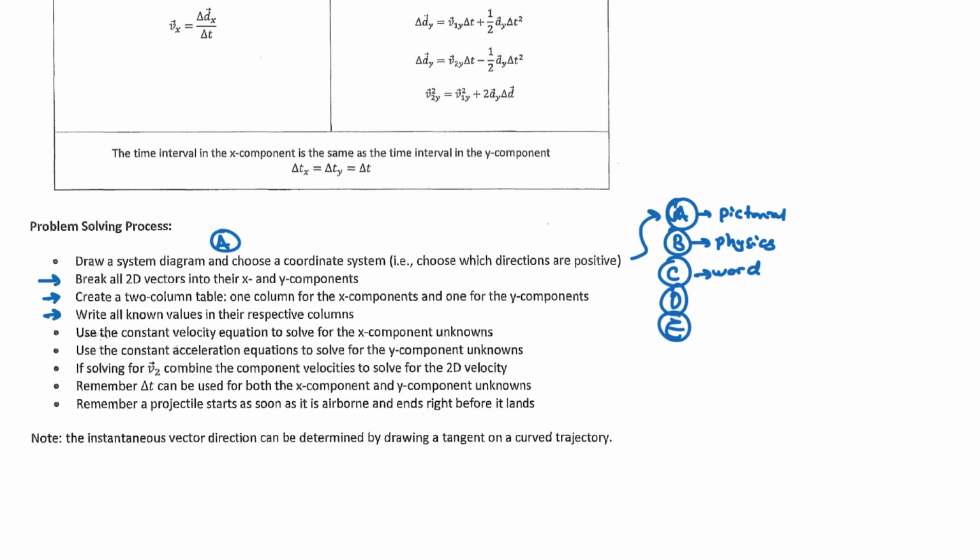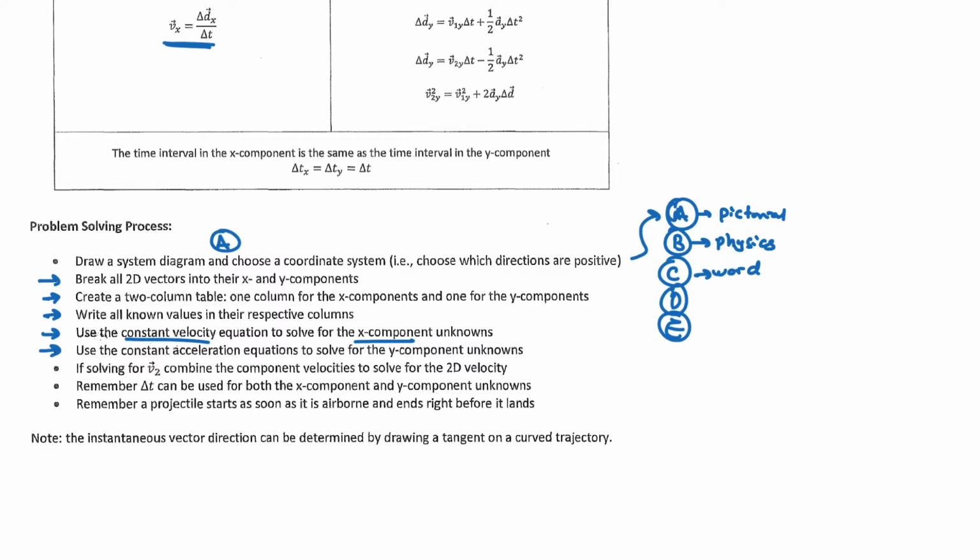You can write all known values in their respective columns. Use the constant velocity equation to solve anything in the x component, that's this equation over here. And then use the constant acceleration equation to solve for the y component. That's everything in the right side of the table here.